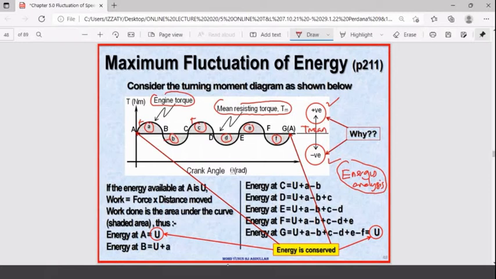So we start here: at A equal to U. Then at B, U plus A. Then you go further, at C, you have U plus A minus B. Further, plus C. Further, minus D. Further, plus E. And then further, minus F. And as you reach G here, it must be equal to U.